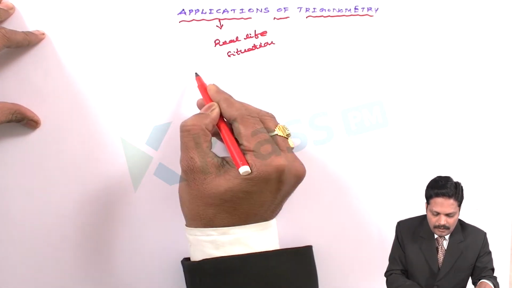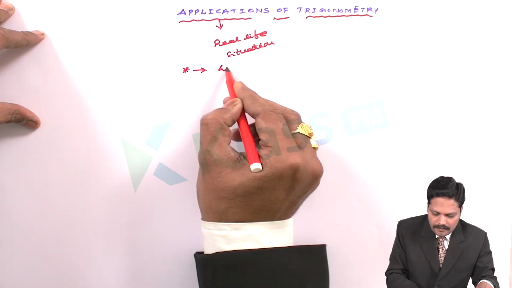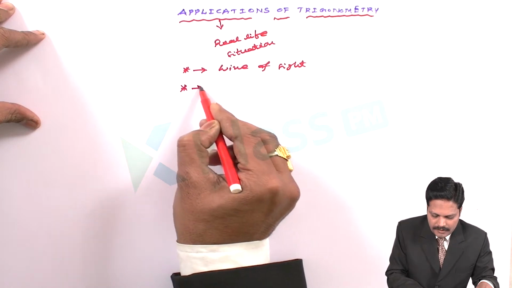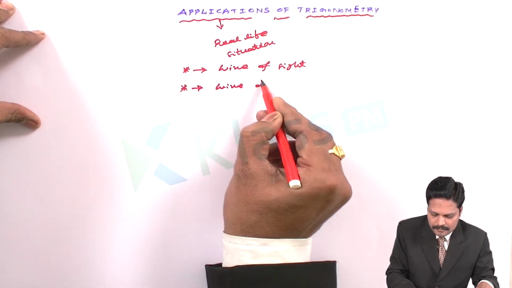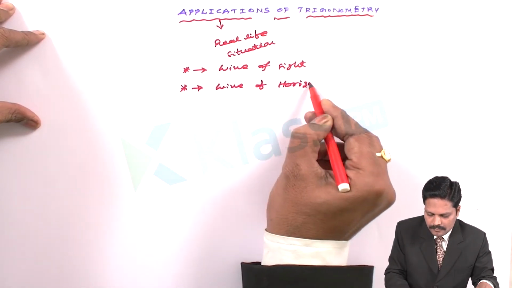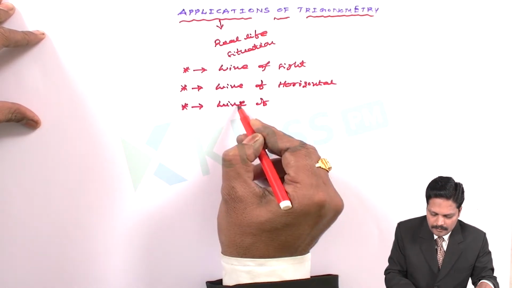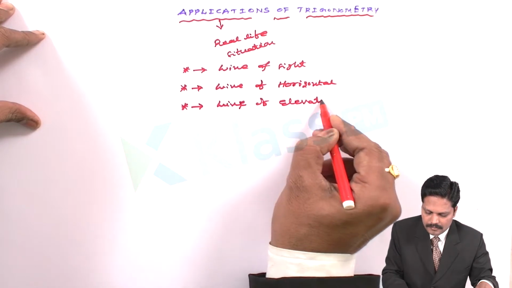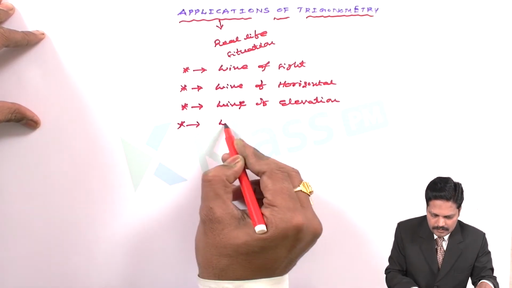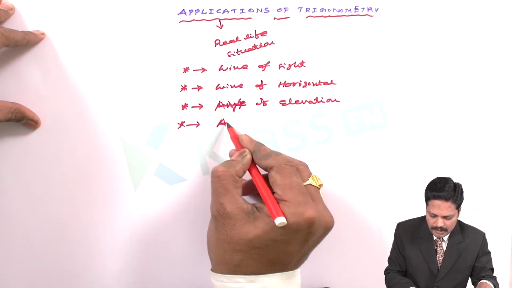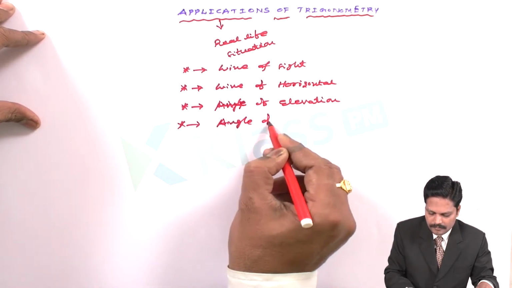The first point is line of sight, the second point is the horizontal line, the third point is angle of elevation, and the fourth point is angle of depression.